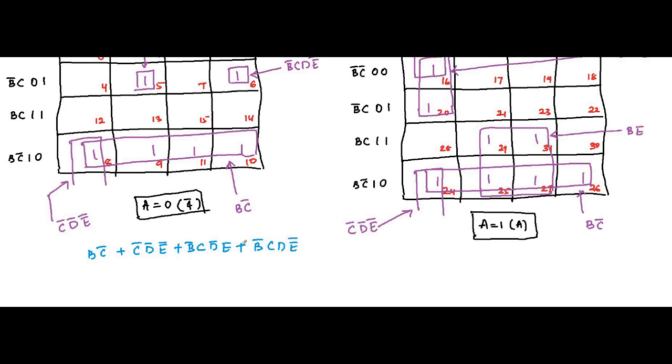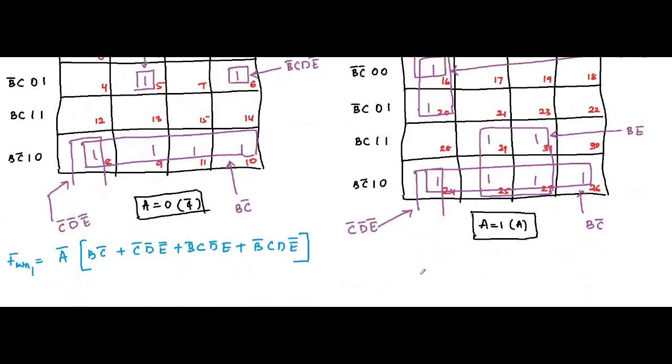This is the common set of variables. Then we have to AND it with A bar. That is the minimized Boolean expression for the first K-map.